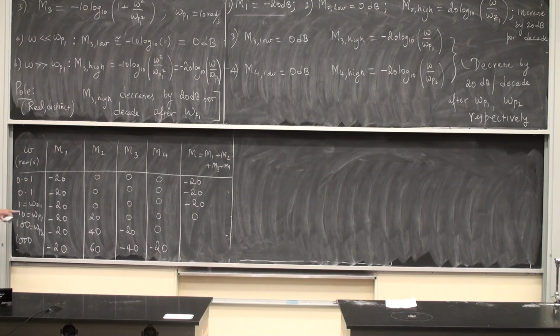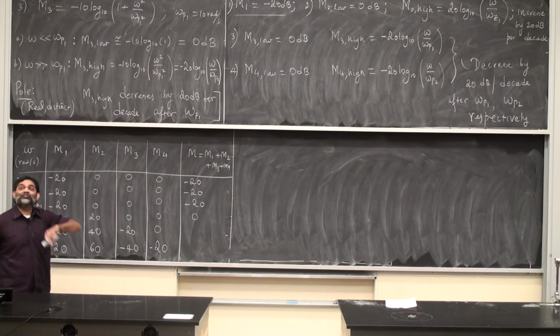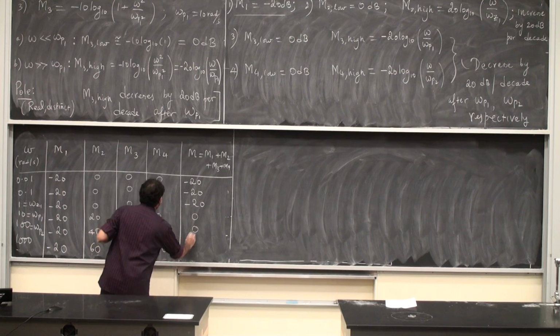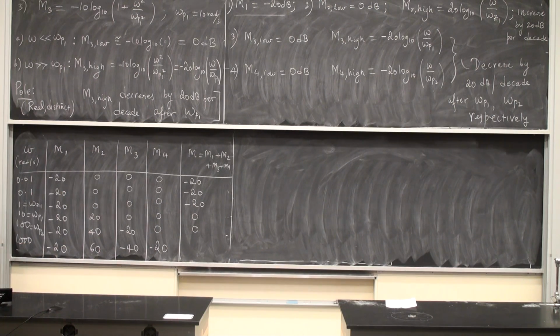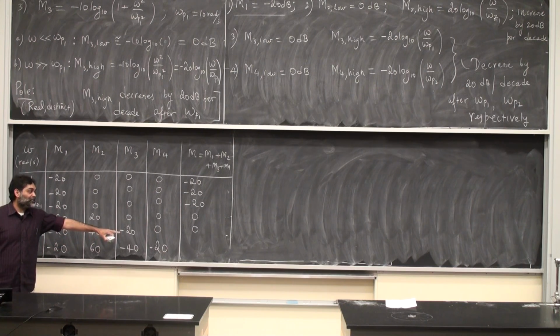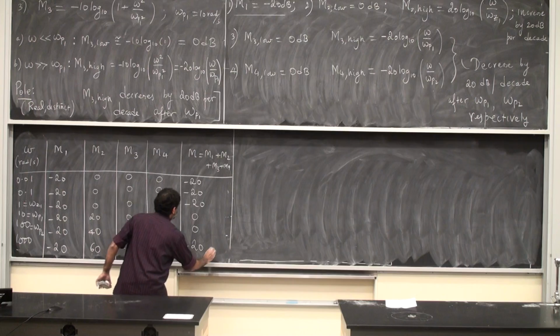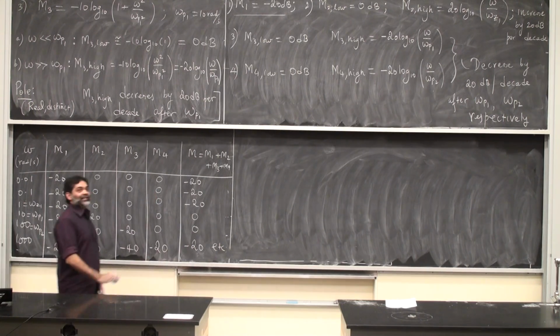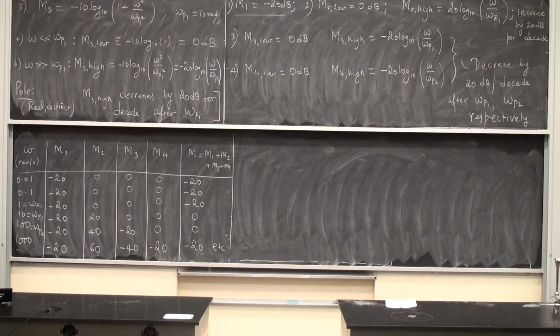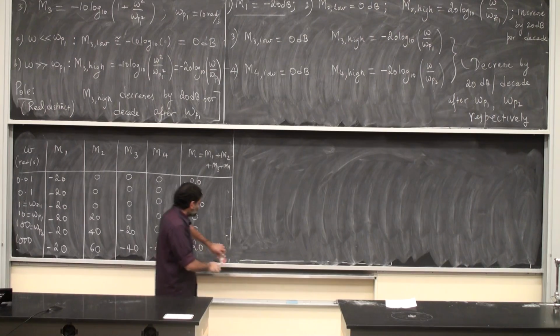Minus 20, 40, and minus 20. What's that adding up to? 0. Minus 20, 60, minus 40, minus 20 adds up to minus 20. Etc. Plot it.